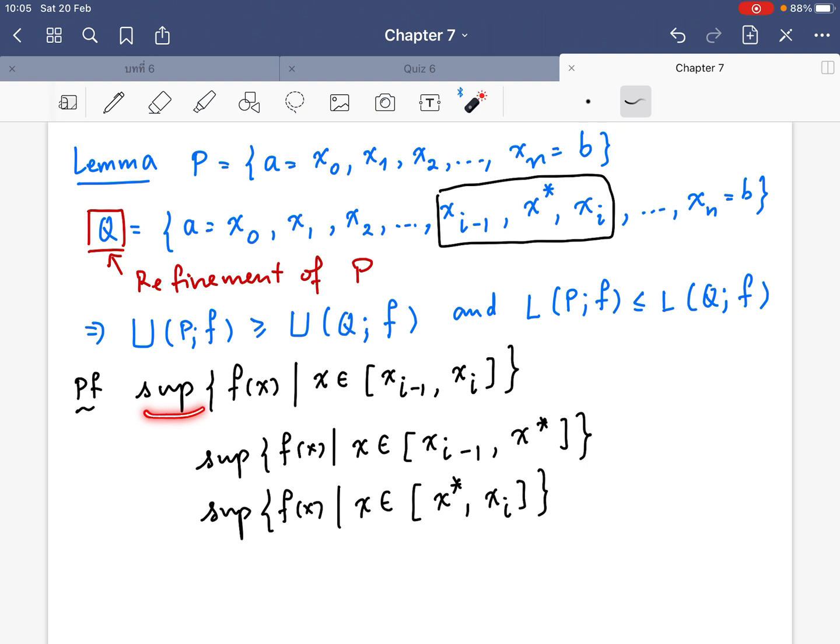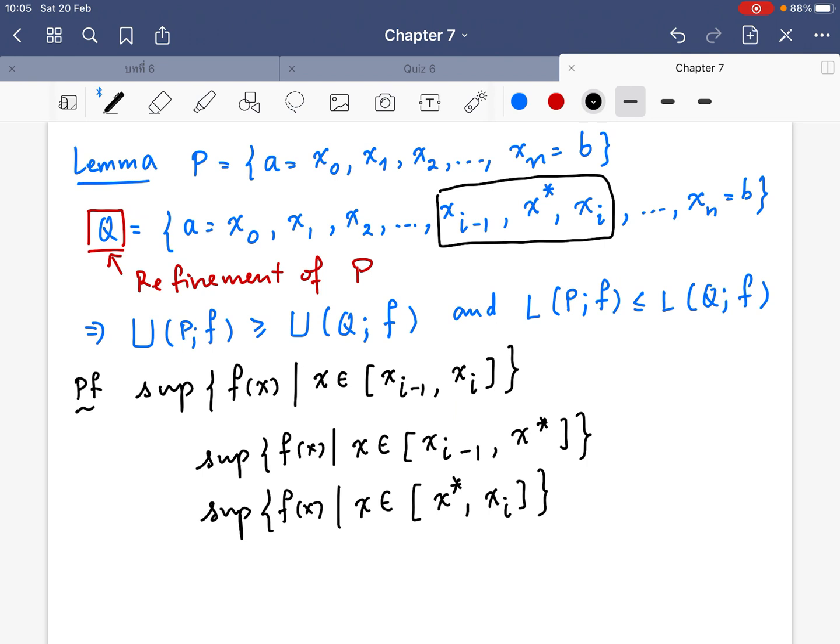Because this one is the supremum over a bigger interval, it may contain some value that is greater than in the smaller interval, right?